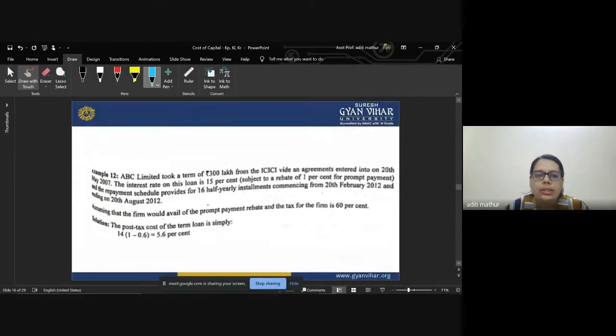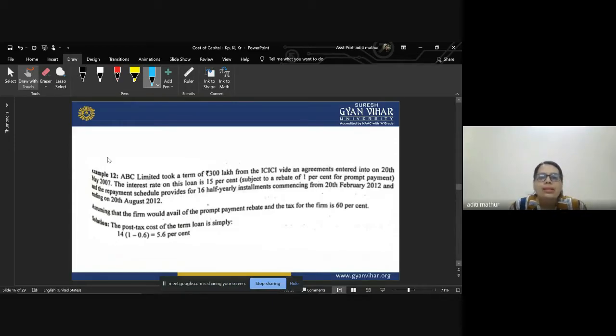So this is the question. ABC Limited took a term loan of 300 lakh from ICICI, an agreement entered into on 20th May 2007. The interest rate on this term loan is 15%, subject to 1% rebate for prompt payment. That means if they make timely payment, they will get a 1% discount. So the interest rate will be 14%.